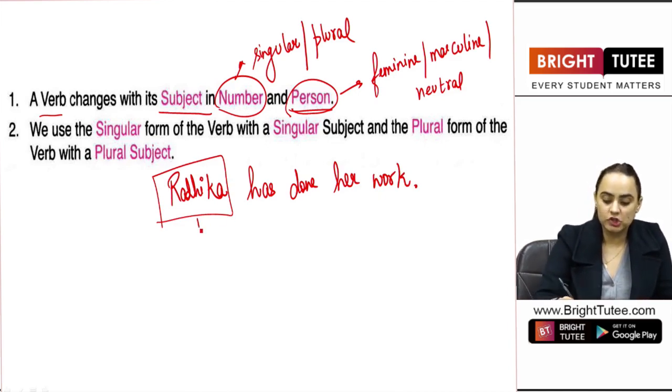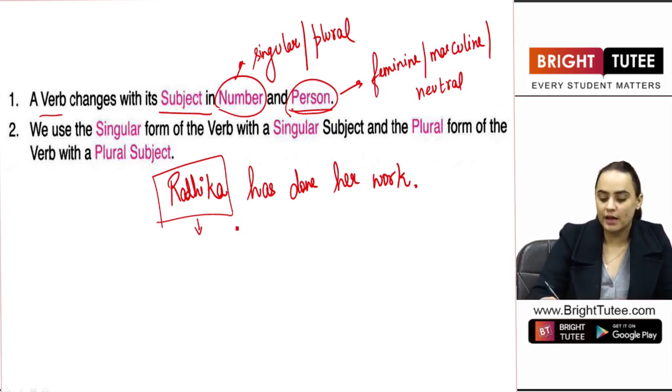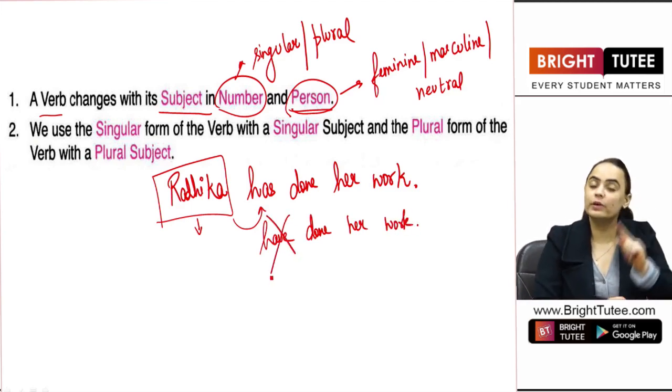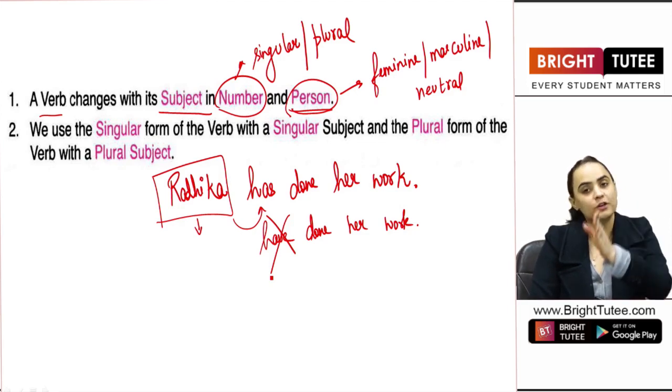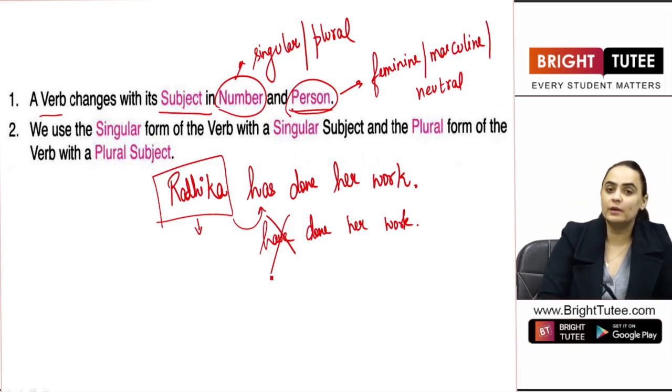And since she is singular in nature, that is why I have used a singular verb with Radhika, that is has, and not have. If I would have written Radhika have done her work, this is wrong, because with a singular subject, we always use a singular verb, and similarly with a plural subject, we use a plural verb.